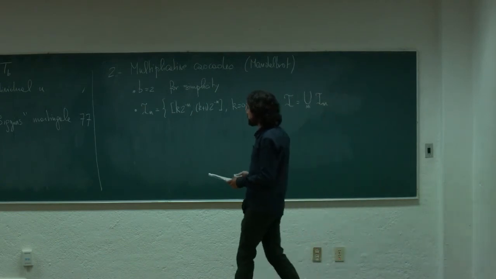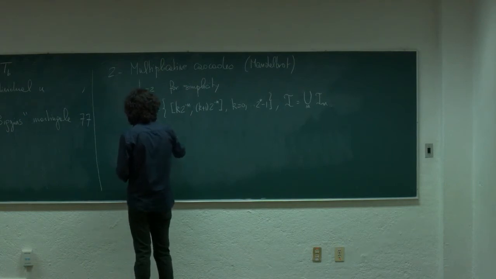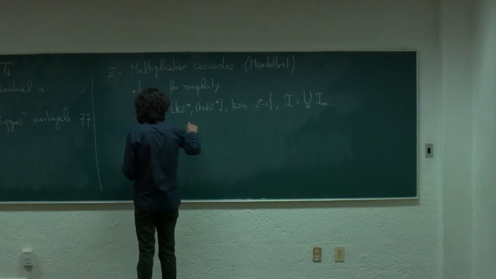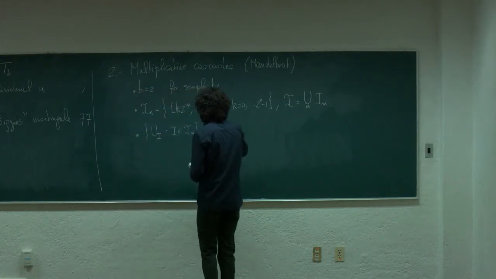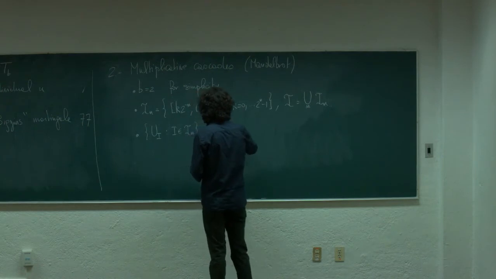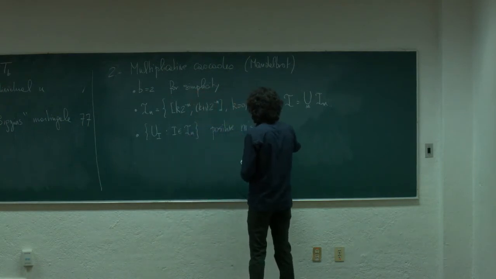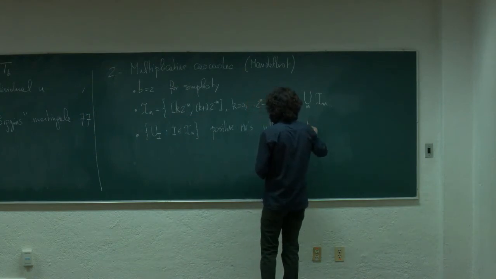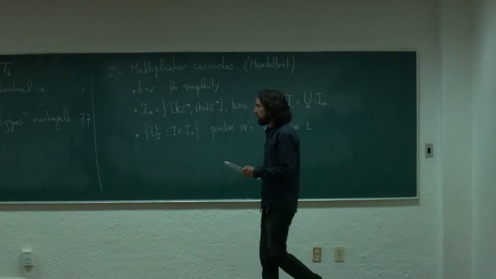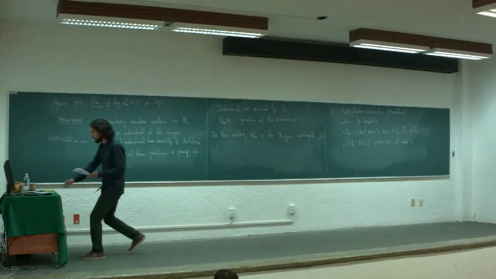And next we will associate a positive random variable to each interval in this collection. So these are positive random variables with mean 1. And next, by an induction, you introduce a family of random measures as follows.